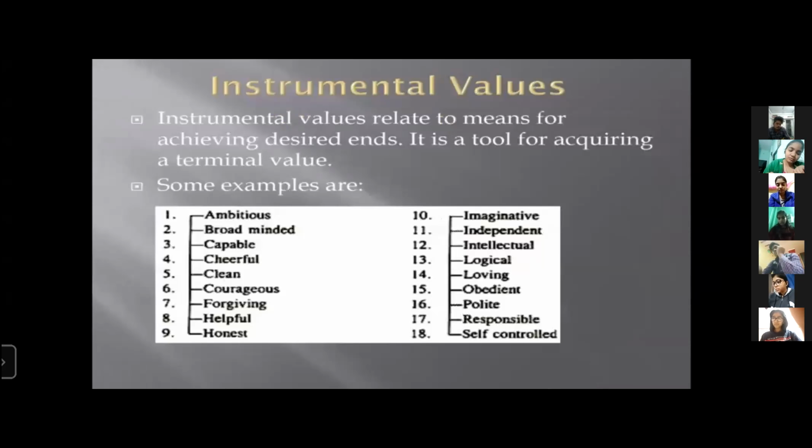Whereas instrumental values are those things through which we acquire our terminal values, like courage, forgiving, cheerful, loving, obedient, polite, helpful, honest.